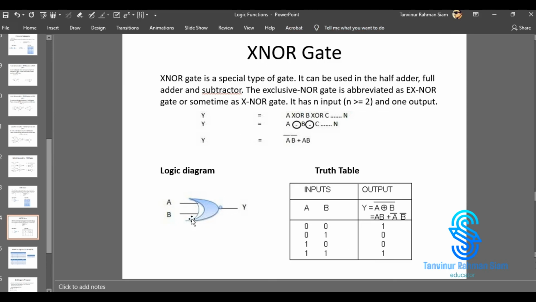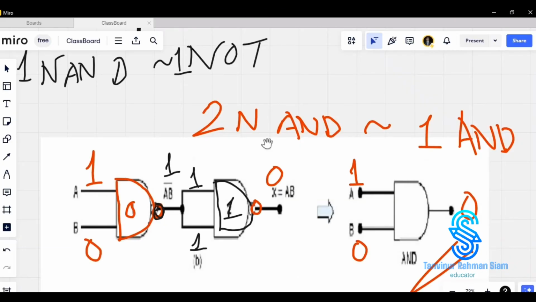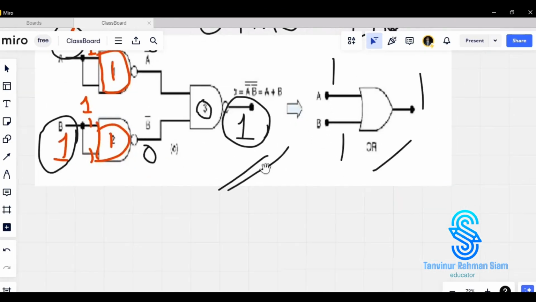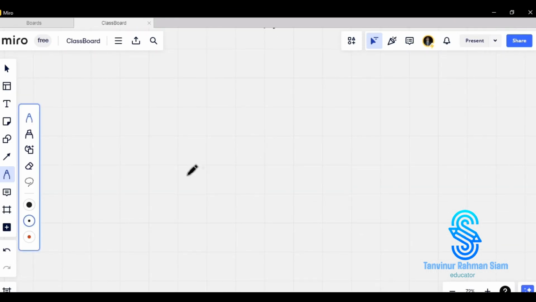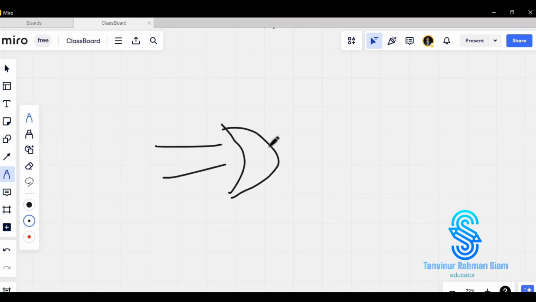And the logical diagram will be like this. Suppose you are drawing XOR. So now you give here one type of bracket, the ending bracket.